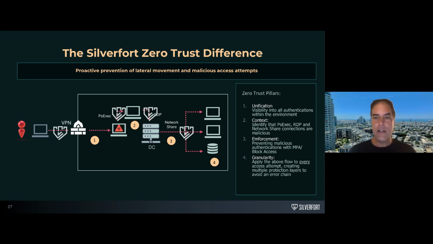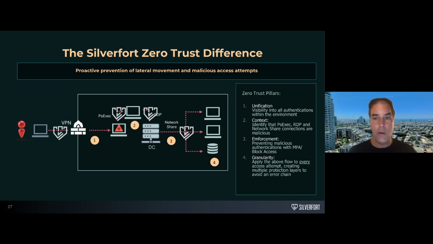But let's say they actually were able to get through that and move forward. Well, the next is the path of the user through the network, looking at how they're then using PSExec and using RDP and getting all the way to the domain controller. This is very unusual context. This is not context that has happened before for this user and for these machines.